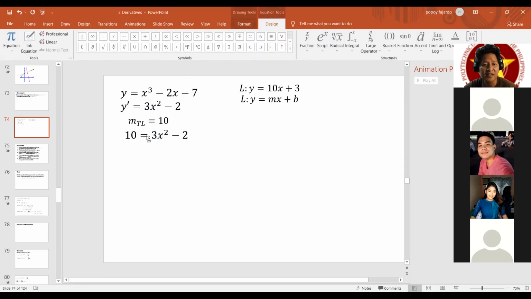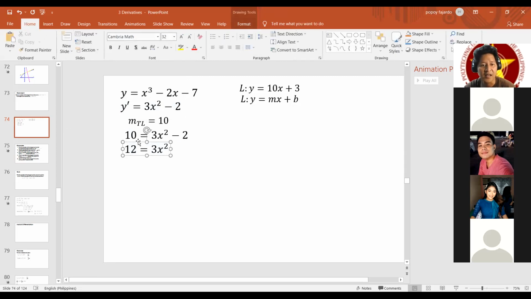So subtract natin both sides by -2, so this will be 12. Then divide both sides by 3, so 12 divided by 3 becomes 4.